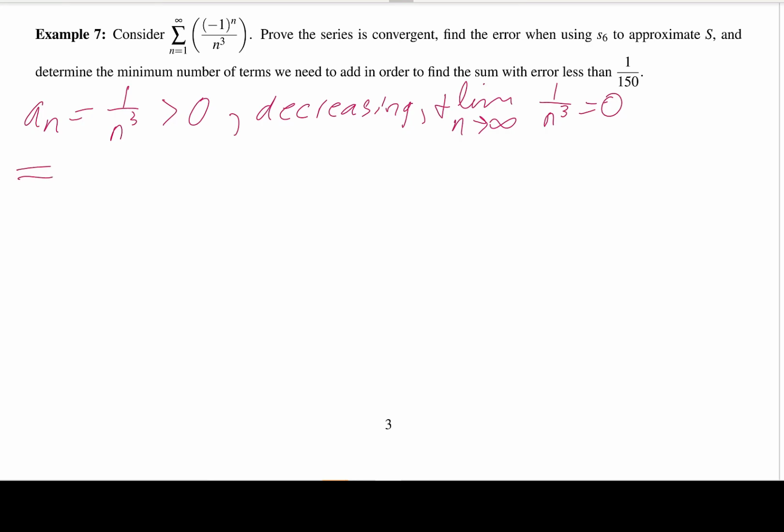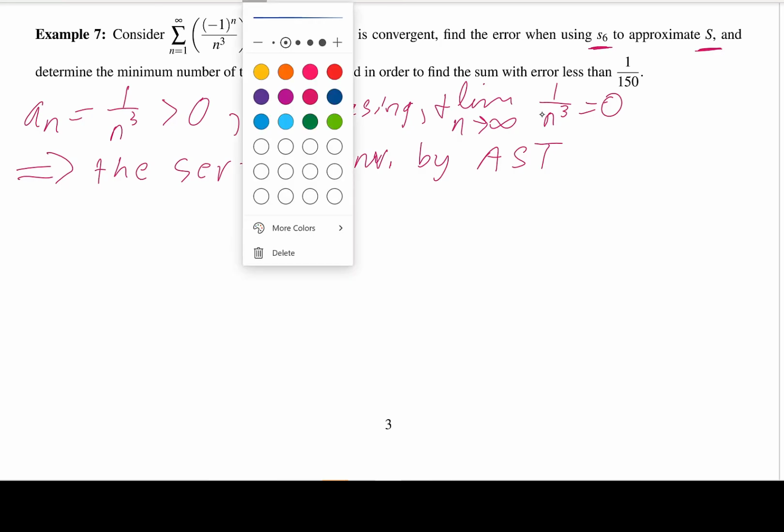So this means that the series converges by the alternating series test. Okay, so that's the quick and easy part of it. Now, the other part is to find this error that they're asking for. They want us to find the error when using s sub 6 to approximate s, which is the sum. Okay, and then there's another piece to this, but we're going to focus on this part for now.